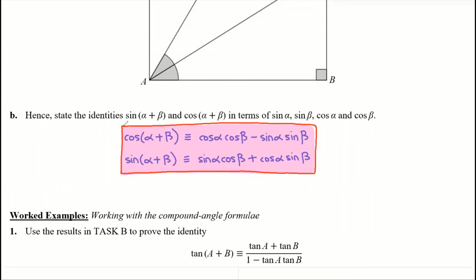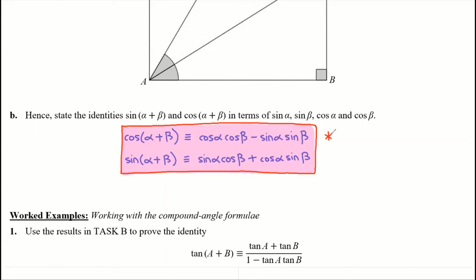So in the first one, the cos of alpha plus beta, I've just rearranged the result from the diagram. I've just made the cos of alpha plus beta the subject there. And the sine of alpha plus beta just kind of fell out of the diagram, essentially. Now you'll see in the formula booklet, I've used Greek letters here. You might not like that, I don't know.